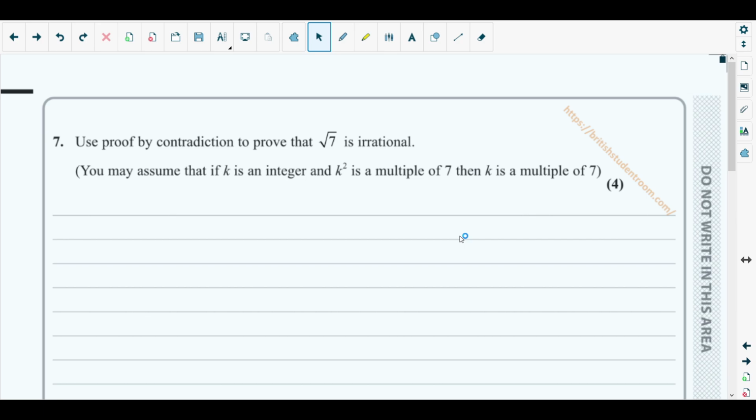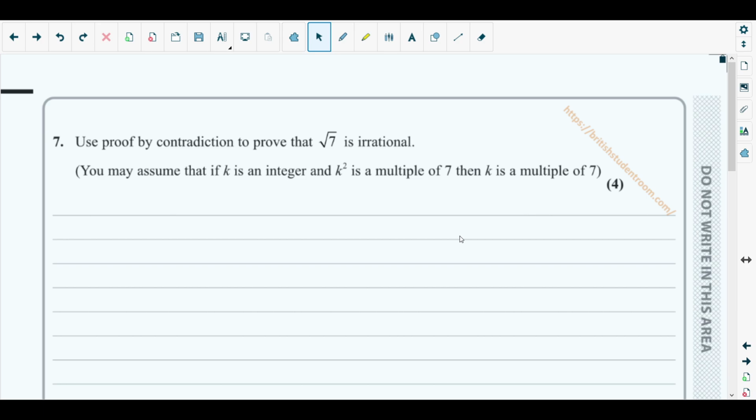The name itself says contradiction. That means something that is opposite, right? Proof by contradiction means we need to prove coming from the opposite.